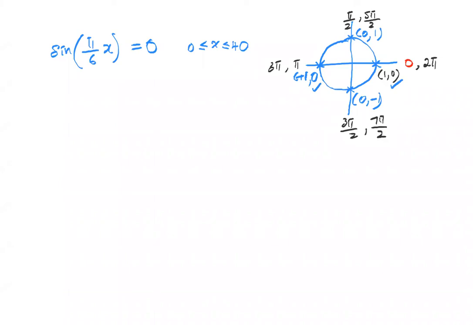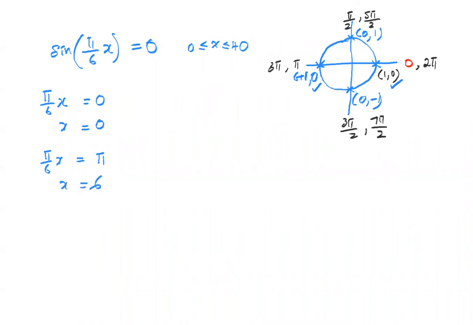So I straight away write down my pi by 6x, this is my angle, equal to 0. So x equal to 0. Then second one, pi by 6x equal to pi. So my x equal to 6.